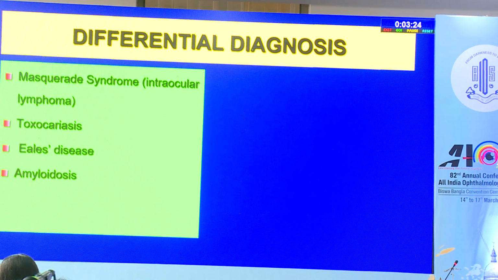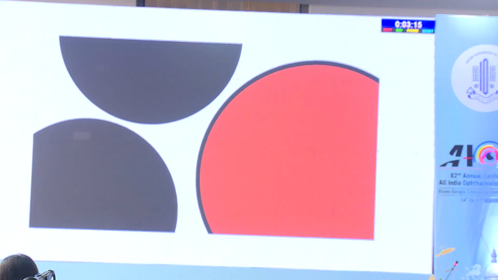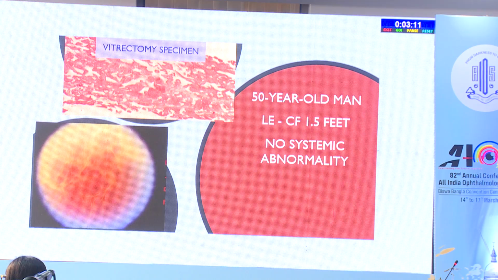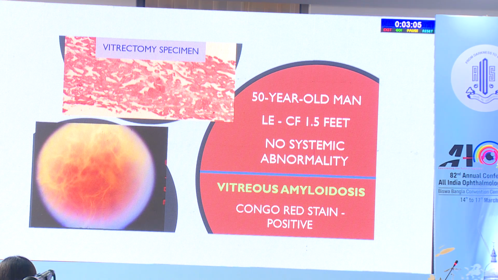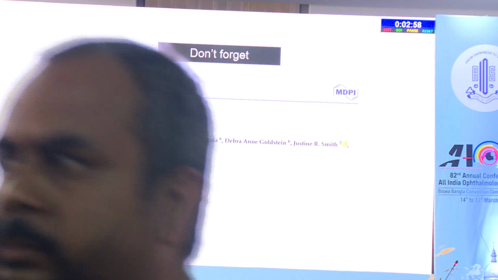Masquerade syndromes, toxocariasis, Eales disease, amyloidosis can mimic intermediate uveitis. This is toxocariasis, and this is amyloidosis, which on diagnostic vitrectomy showed Congo red stain positivity with birefringence on polarizer application. So we have primary non-familial amyloidosis of the vitreous mimicking intermediate uveitis.